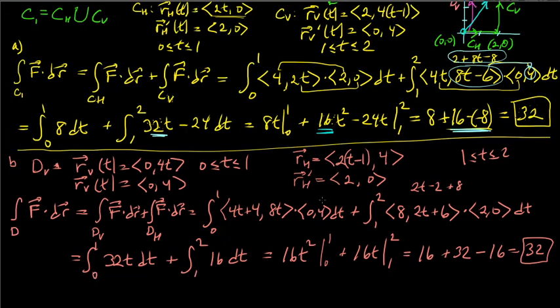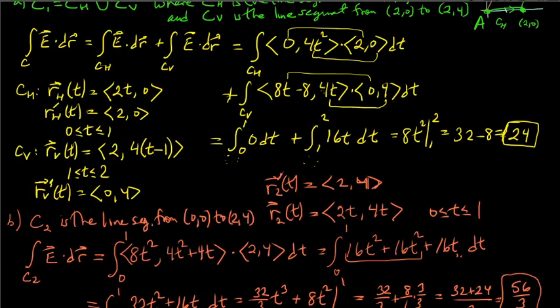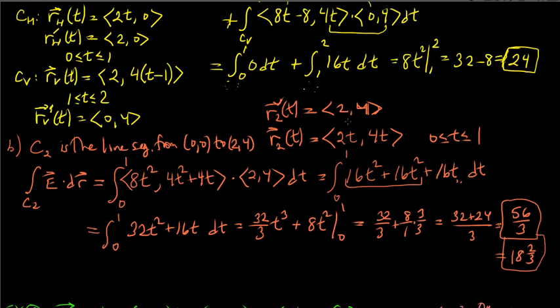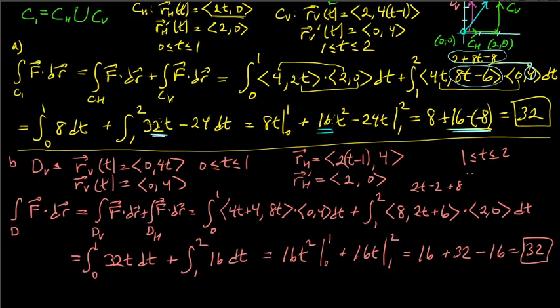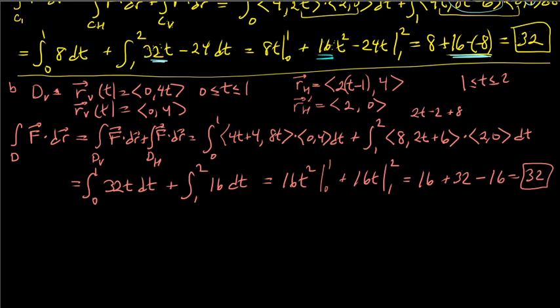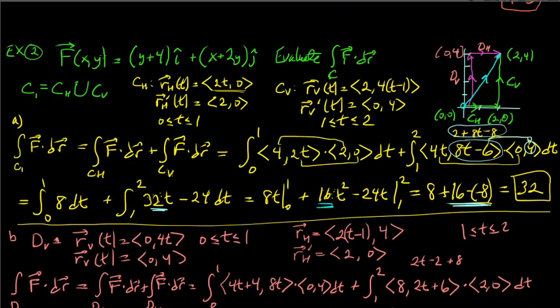You don't have to add two separate integrals here. And it's the same parameterization we had before. Yeah, so it's just 2t and 4t. t goes from 0 to 1. All right, so this will be the last one, I promise, right? So I'm running out of letters here. So what should we call this curve?